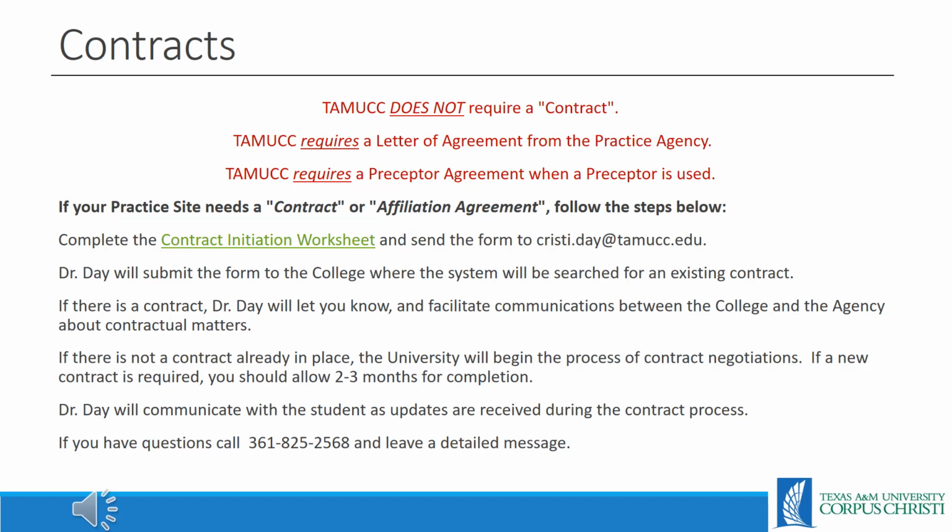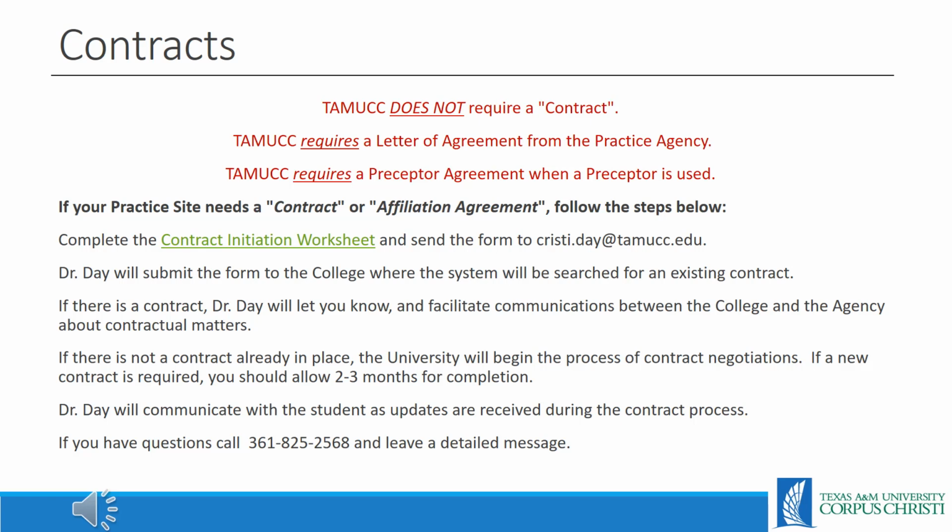You will complete a contract initiation worksheet and make sure that it's filled in completely, and then you'll send it to me, Christy Day, at tamucc.edu. Then I will look at the form and submit it to the college, where the system will search for an existing contract. If there is a contract in place, I'll get back with you and say, okay, we have it here, that's fine.